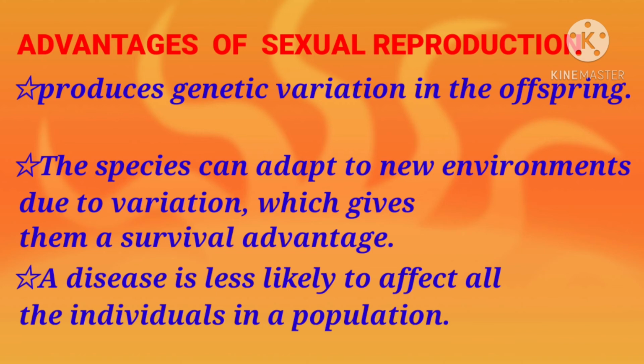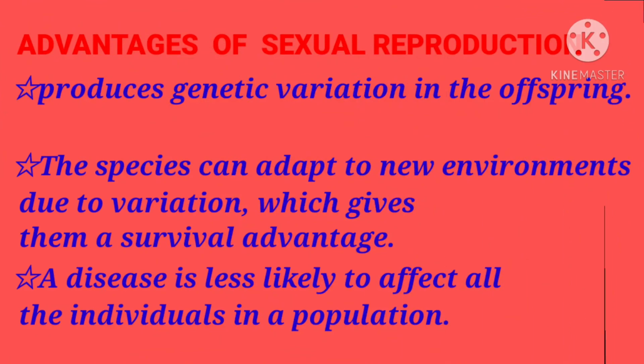The species can adapt to a new environment due to variation, which gives them a survival advantage. A disease is less likely to affect all the individuals in a population, which is most common in asexual reproduction. Because of the genetic variation, they adapt certain characteristics, and disease does not affect the entire population.